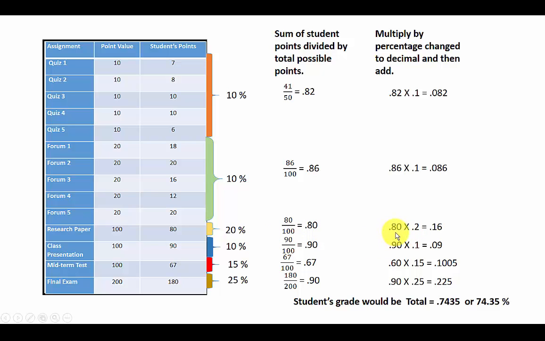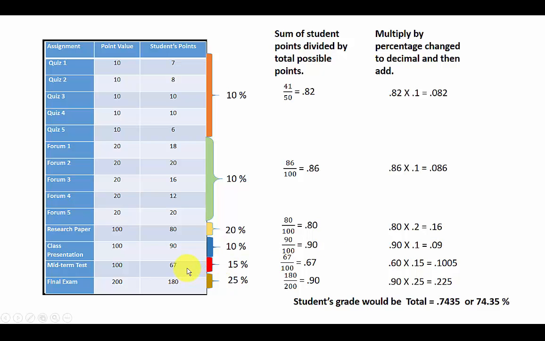So that's the 0.80 times 0.2, which will give me 0.16. The class presentation, the student made a 90 out of 100 points, 0.90. 0.90 times 0.1 for the 10% is 0.09.